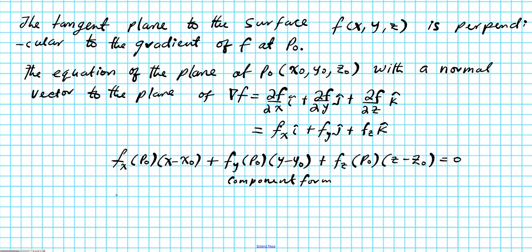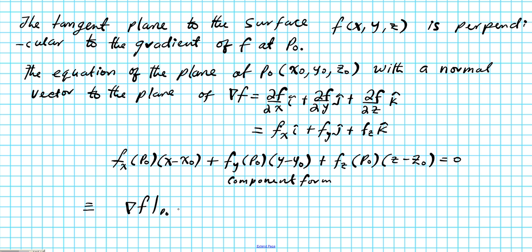The vector form is written as: this whole equation is basically equivalent to the gradient of f at the point p sub 0. p sub 0 is x sub 0, y sub 0, z sub 0.